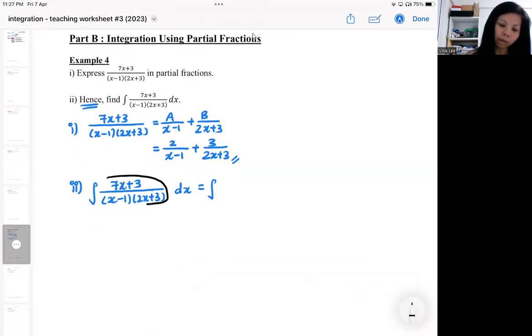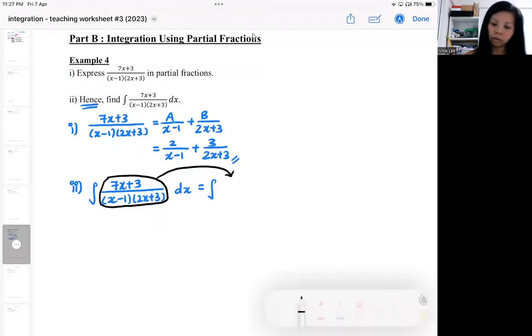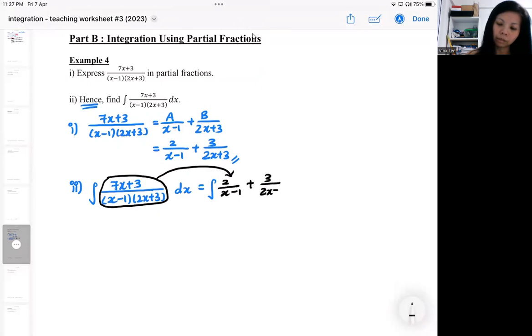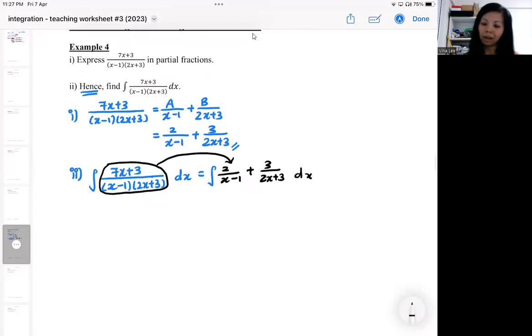So integrating a big fraction is equivalent to integrating the two partial fractions. It's like replacing the whole big fraction with two little fractions. It's not possible for us to integrate that huge fraction, but we change it to the two small ones, then I can integrate.